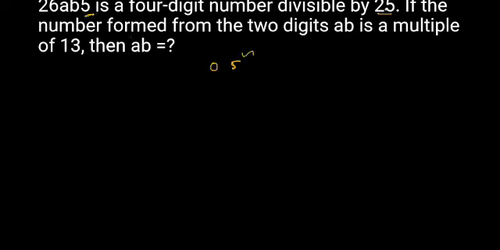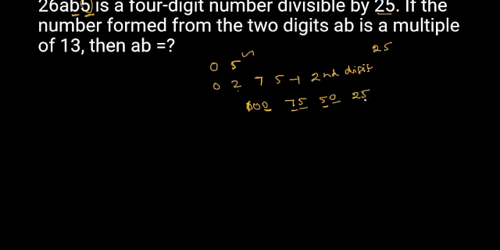Now for dividing by 25, the second digit should be 2 or 7 when the last digit is 5. Since 25 divides 100, the last digit should be 0; 25 divides 75, last digit 5 and second digit 7; 25 divides 50, last digit 0 and second digit 5; or the last two digits should be 25, last digit 5 and second digit 2.